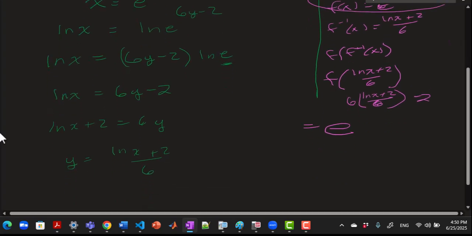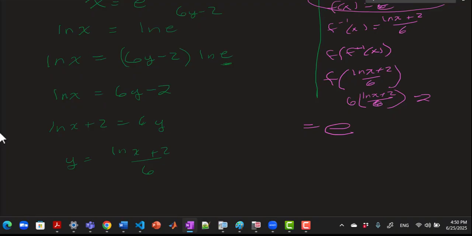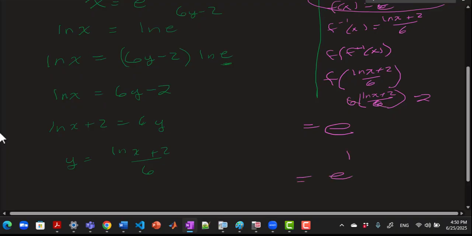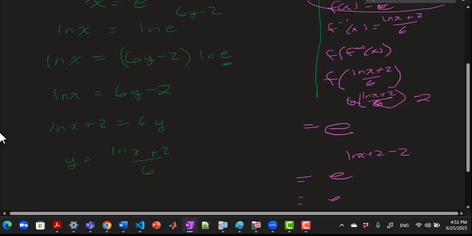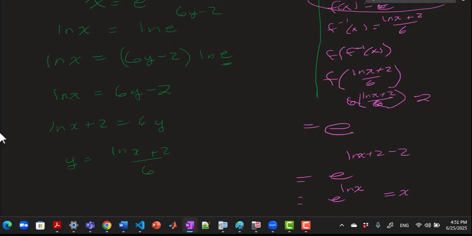Alright, so now these 6's cancel, and I get e to the natural log of x plus 2 minus 2, which is e to the natural log of x, which is just x, so they are inverse functions.